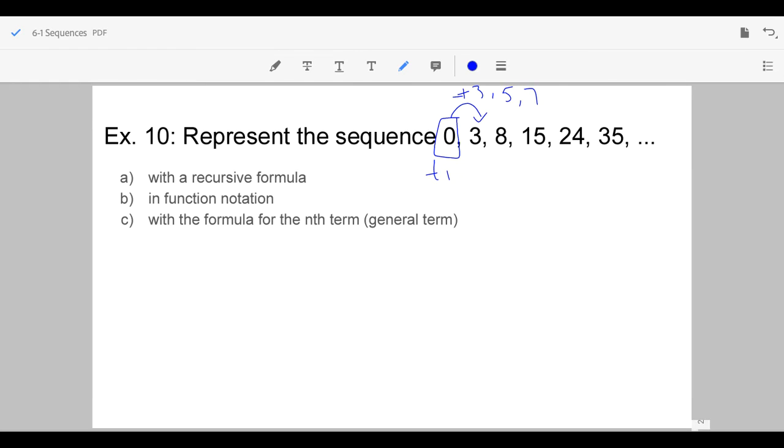So in this case, we are going to have term 1 is 0, and term n is equal to term n minus 1, the previous term, plus 2n minus 1, where n is greater than 1.